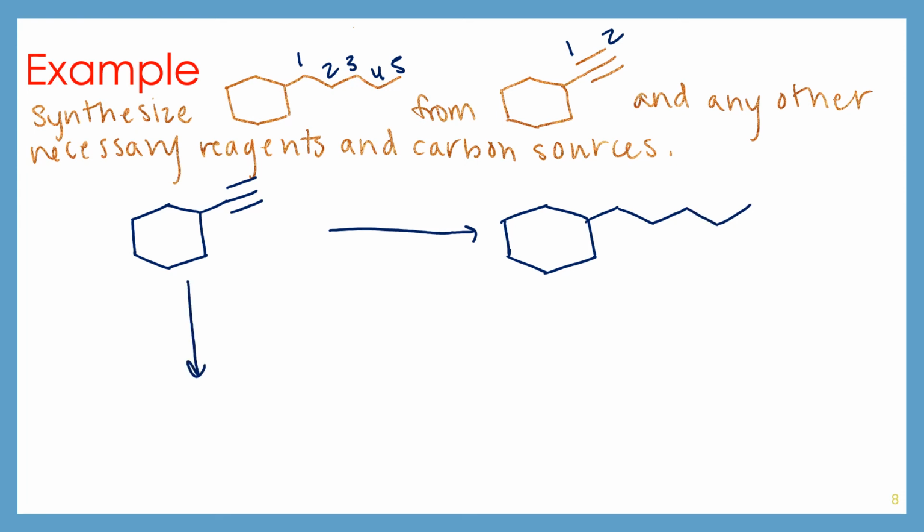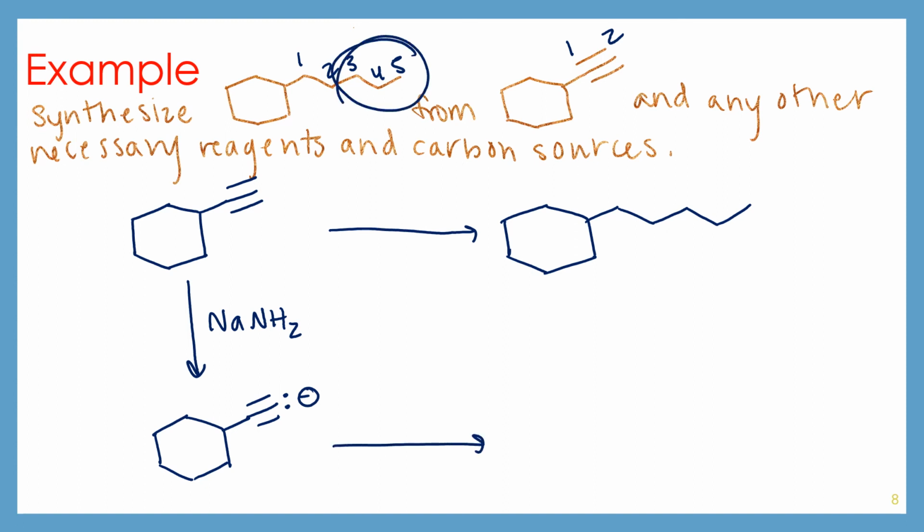So we can deprotonate using sodium amide to create a carbanion, an alkynide ion. Then we can add our 3 other carbons that we need using an alkyl halide.